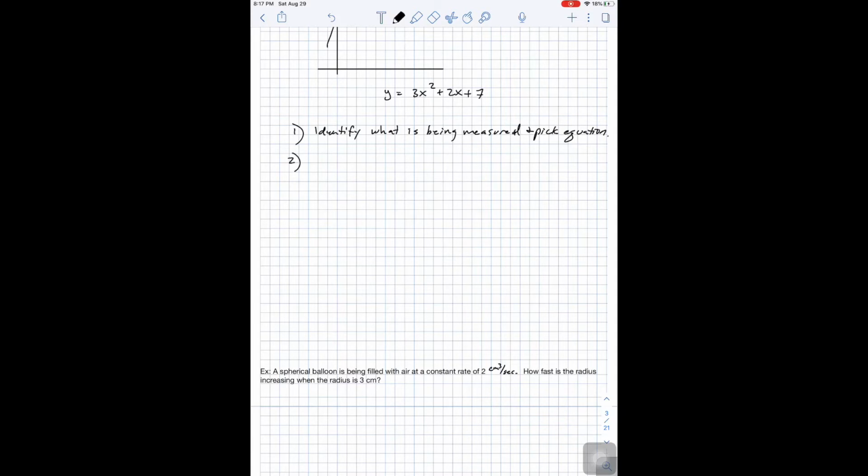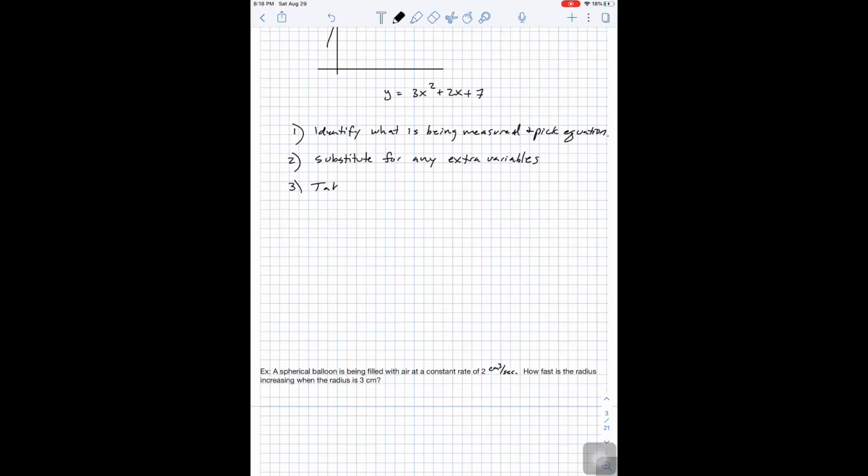Okay. Then the second thing is to substitute for any extra variables. Sometimes there's too many variables and you have to substitute in and decrease the number of variables we have, and I'll show you an example of that.